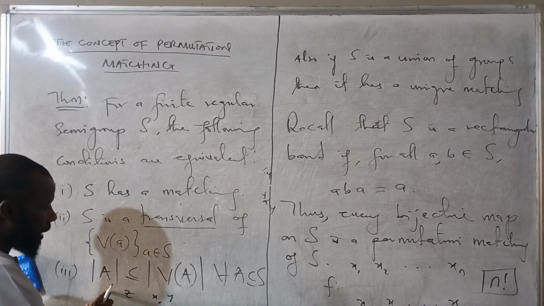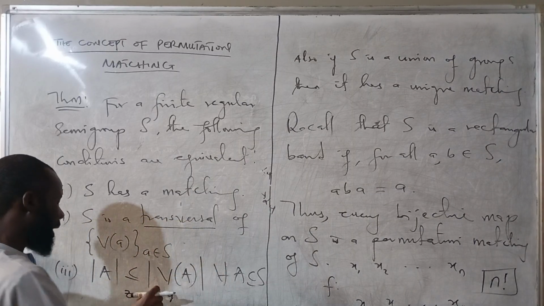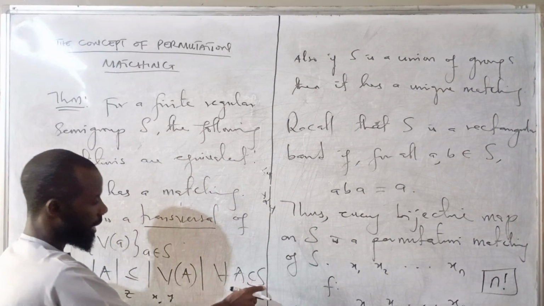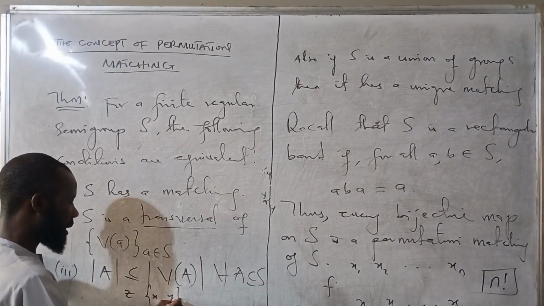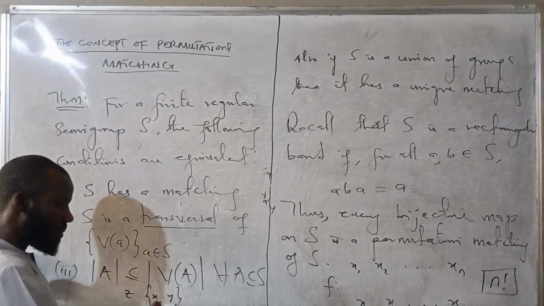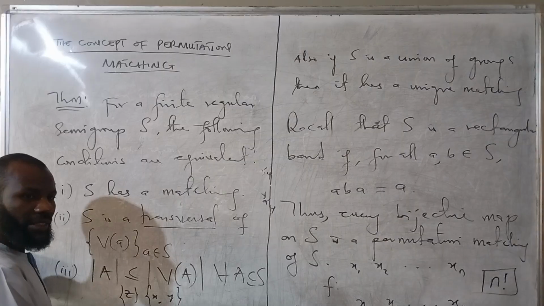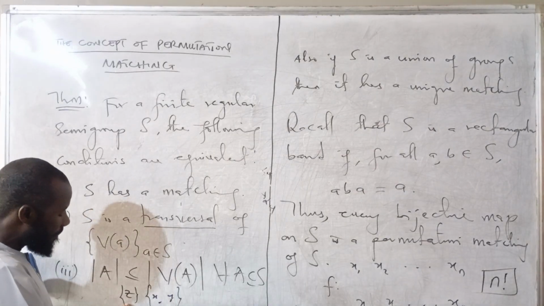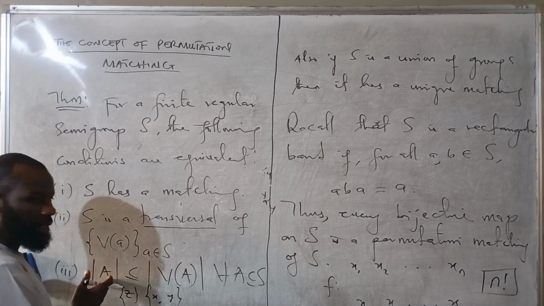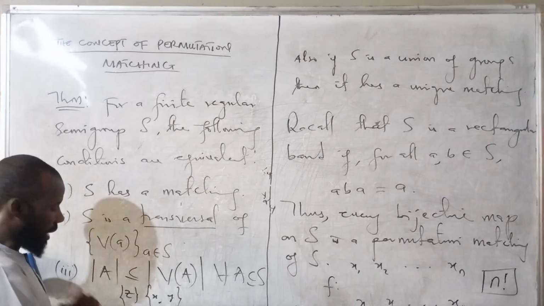Are you following this particular set? For all subsets A, if I take this particular set as my subset A, then the set of inverses of these elements will just contain one element, which means you have fewer elements here than here. So the inequality will reverse.